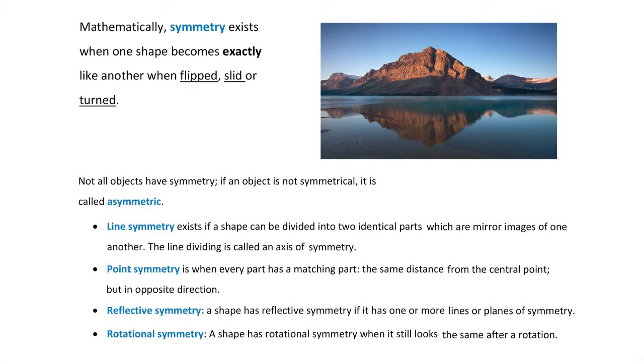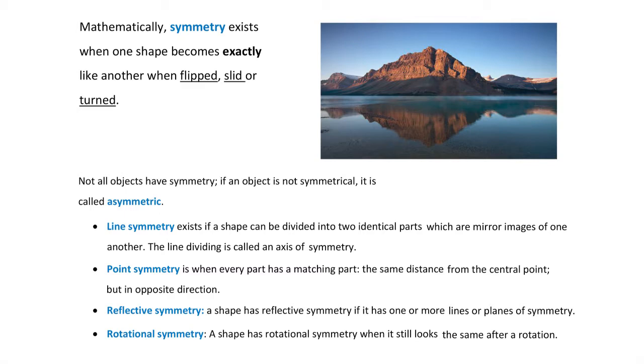Let us look at line symmetry. Line symmetry exists if a shape can be divided into two identical parts, which are mirror images of one another. So the line dividing that shape into two identical parts is called an axis of symmetry.